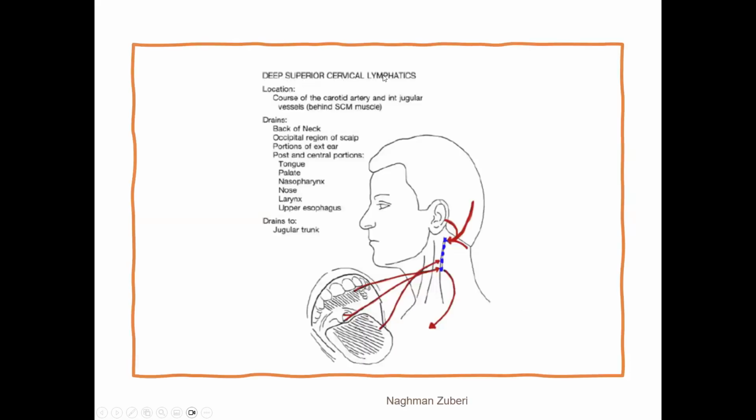Deep superior cervical lymphatics. Location, course of the carotid artery and the internal jugular vessels behind the sternocleidomastoid muscle, this one.